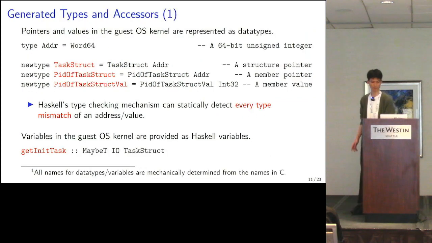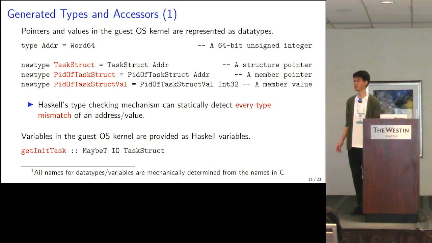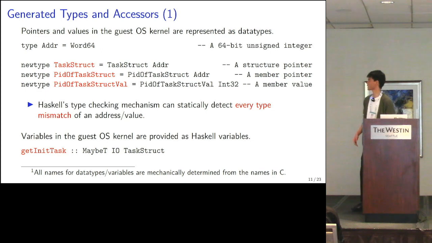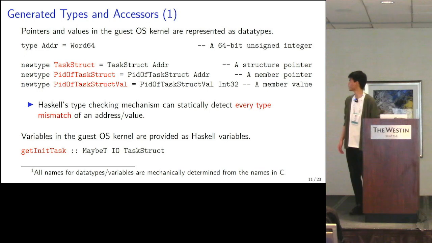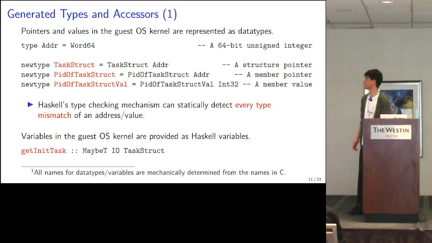So before looking at code generation in HaVMI, I will explain the generated types and accessors in HaVMI. First of all, HaVMI uses data types to represent pointers and values in the guest OS.